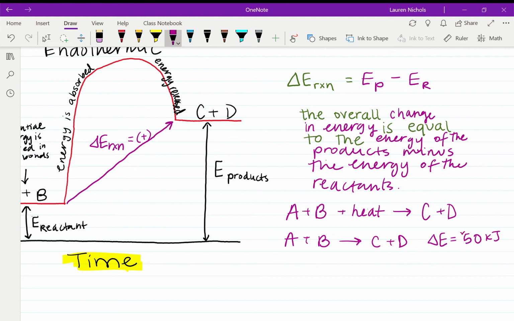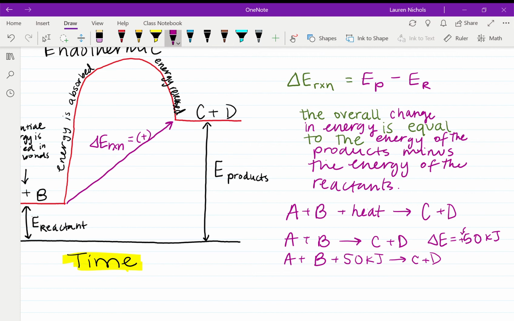And because this number is positive, you would know that it's written as a reactant. You could have also just seen, if it is 50, which we don't have numbers on our graph, so we can't be for sure, it written as 50 kilojoules in the actual reaction there.